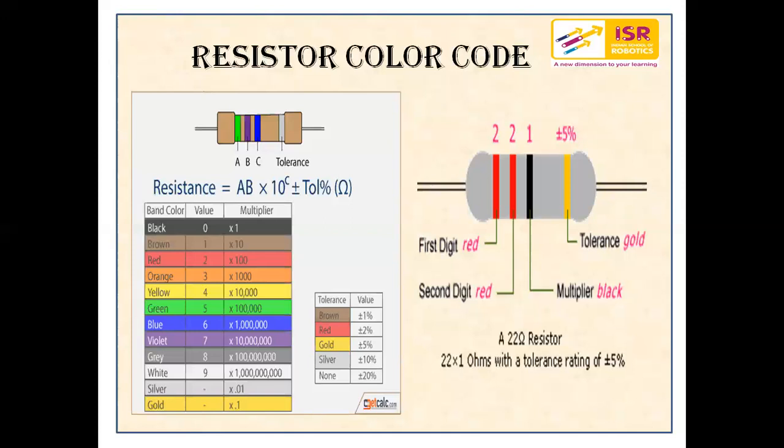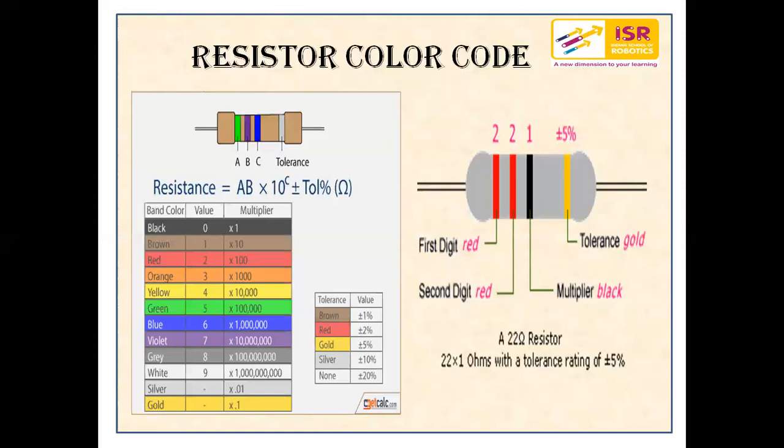On the left side you can see a table in which red has the value 2, and black has a multiplier value of 1. So you will write 2 2 first and then multiply it with 1.